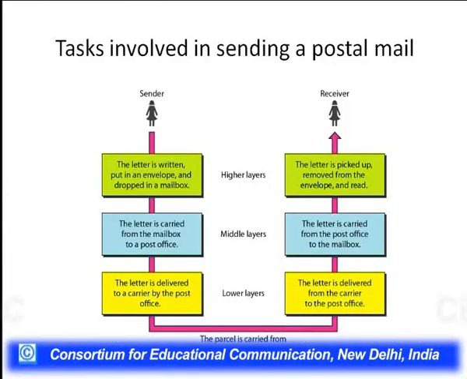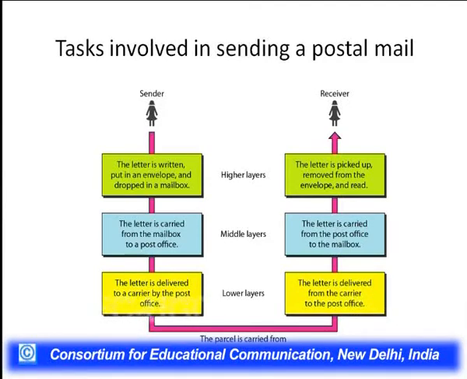This slide shows the tasks involved in sending a postal mail. For example, the sender will write the letter, put it in an envelope, and drop it in the box. Then the letter is carried from the mailbox to the post office, and delivered by the carrier. On the other side, at the receiving end, the steps are just the opposite.